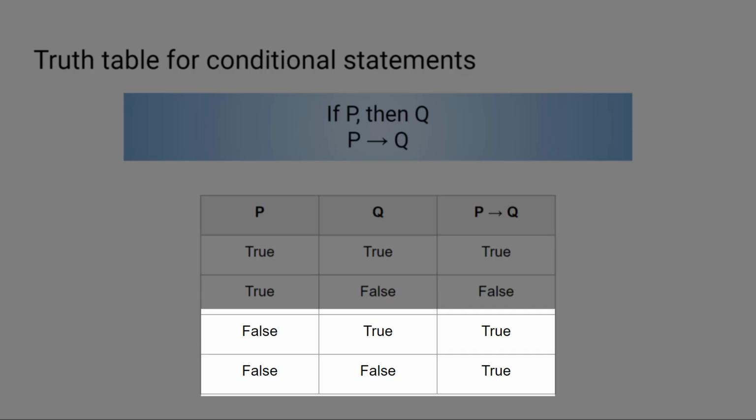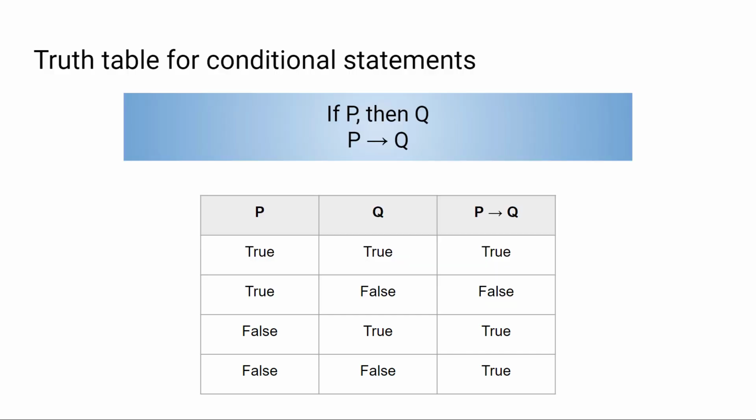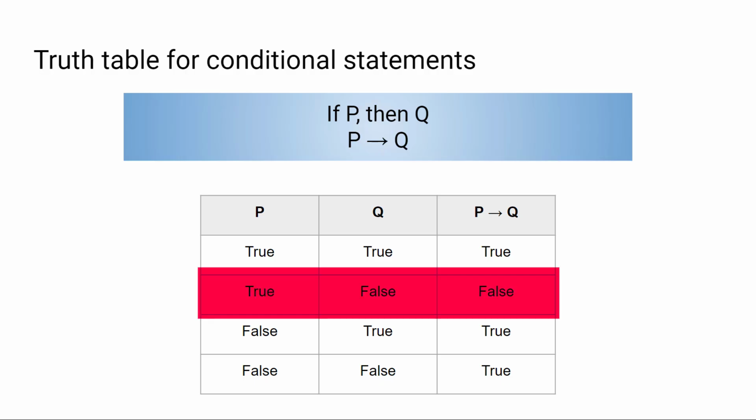If my kids don't clean their rooms, I'm not breaking my promise if I get them ice cream anyway, and I'm also not breaking the promise if I don't. So this is what the completed truth table for a conditional statement looks like. Conditional statements, in other words, are always true except in this one situation where the condition is met, but the action doesn't follow.